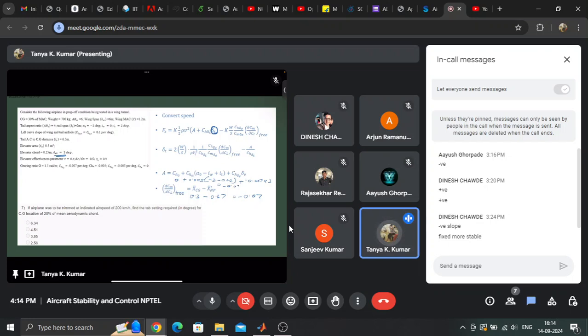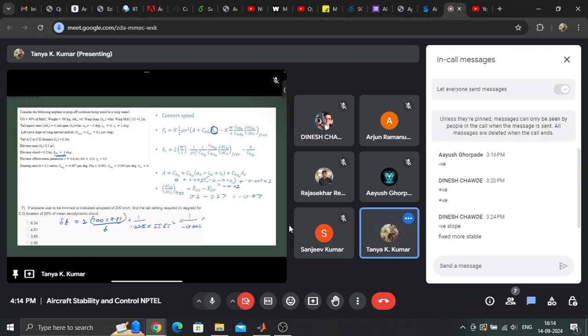Okay, now that you know all of these, plug it into the main equation. What is delta T? Delta T is 2 into 700 into 9.81 by 6 into 1.225. I hope you've converted the velocities. So I'm getting 55.55 velocity square. Then 1 by CH delta T, that is minus 0.003.